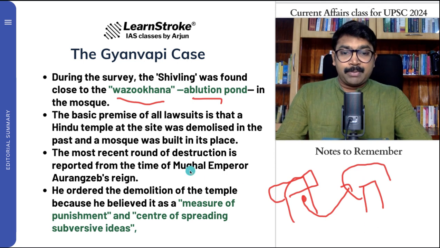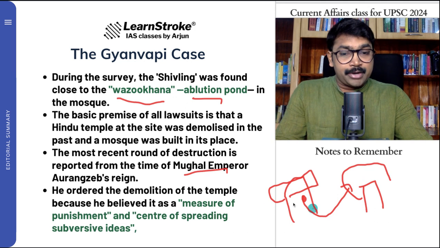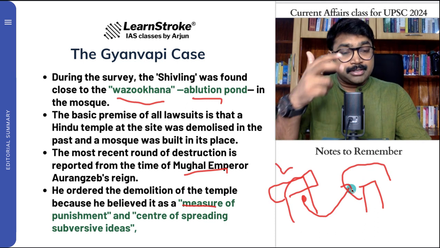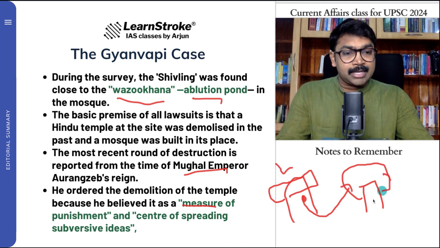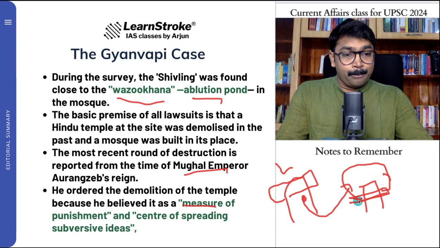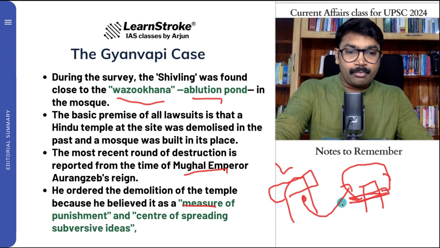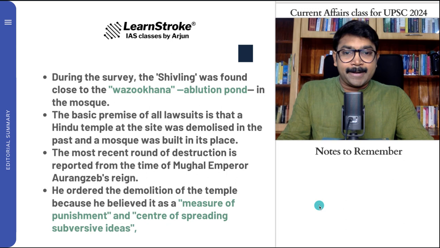As per the Mughal Emperor, Aurangzeb actually destroyed this temple because he believed that it is a center spreading subversive ideas and it needed a measure of punishment. So that is why this old temple was demolished and made into a Muslim mosque. This is Satish Chandra's version of history. So this is what you need to understand.